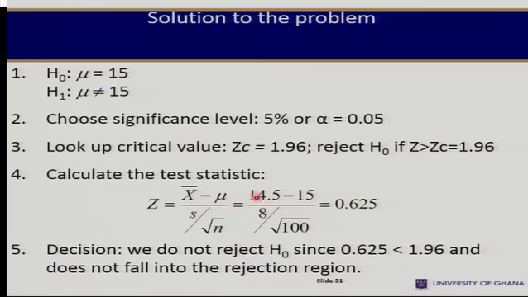The sample mean is 14.5. The population mean is 15. And then we divide this result by standard deviation over square root of the sample size. It gives us 0.625. Now, because 0.625 is less than 1.96, we do not reject the null hypothesis. Okay, so this is how you do it.